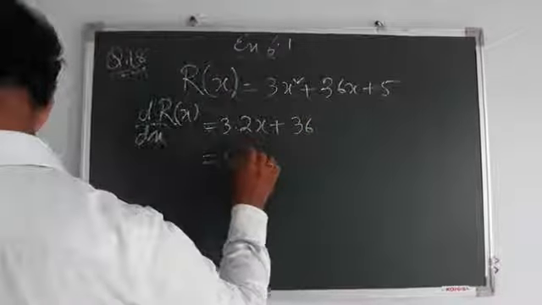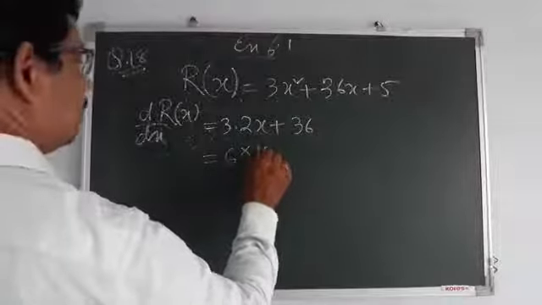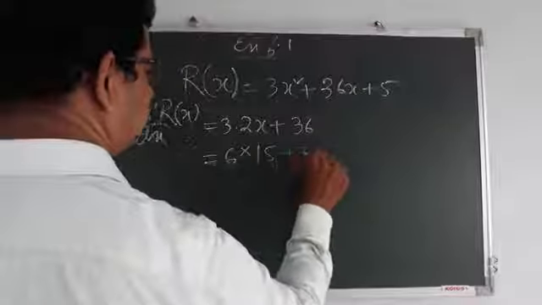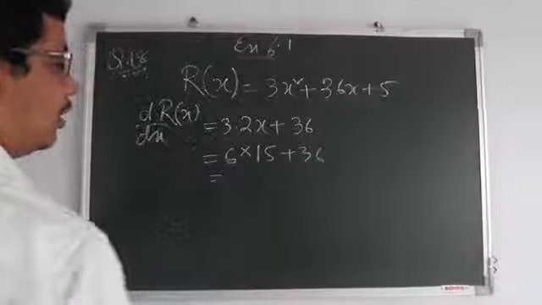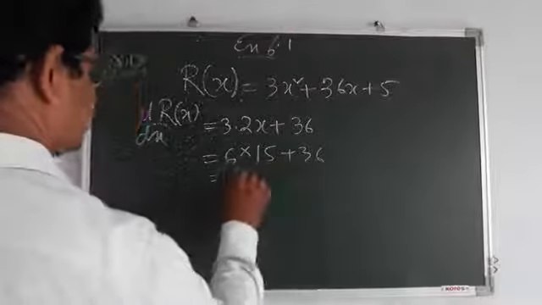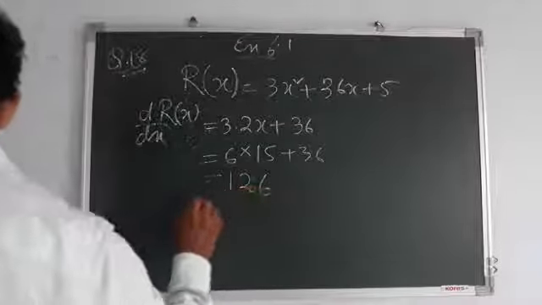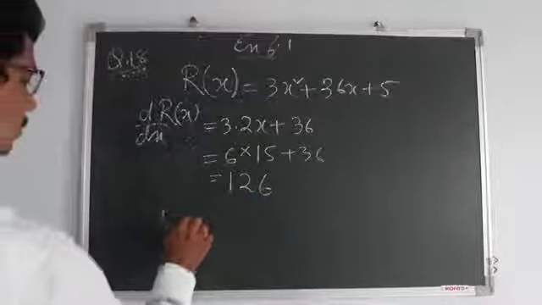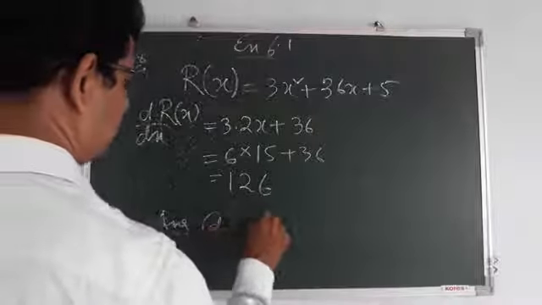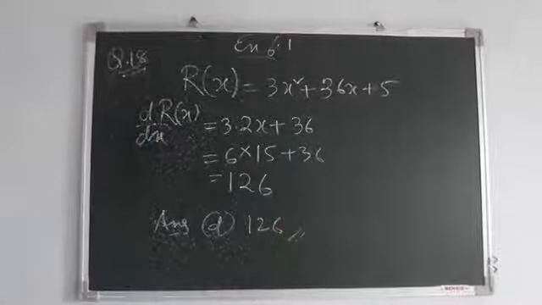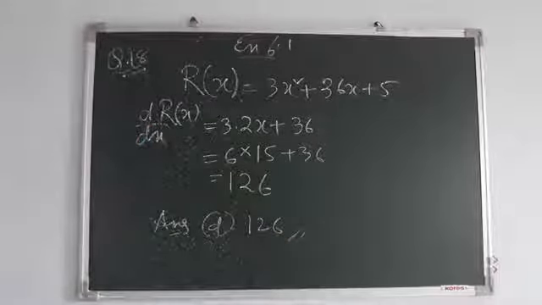Now 6 into x, x is given 15. 6 15s are 90. 90 plus 36 is 126. So our option D, 126, is the correct answer. So with that we end our exercise 6.1.